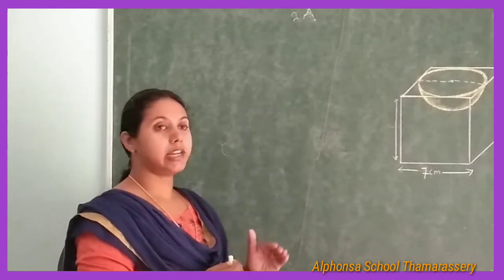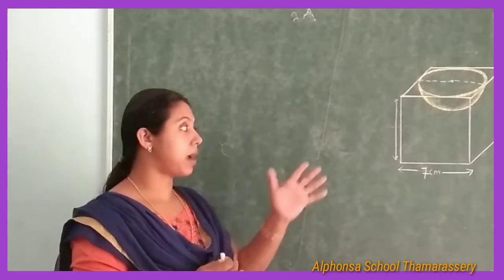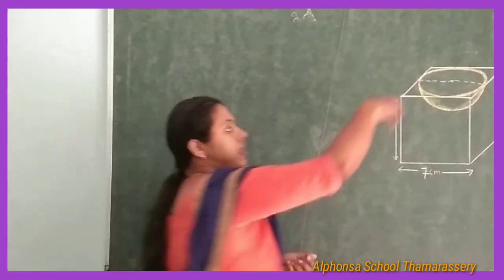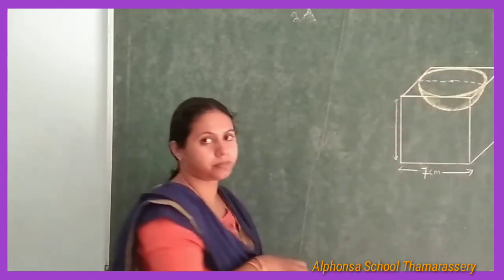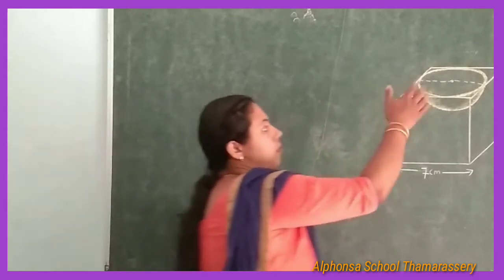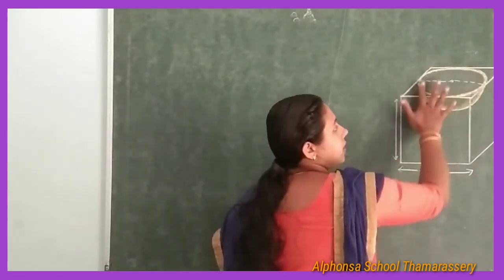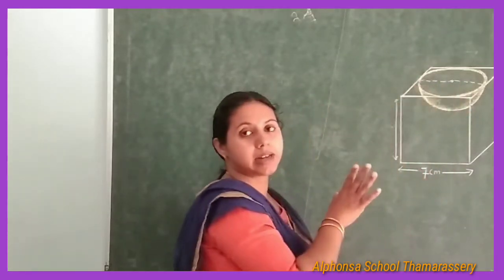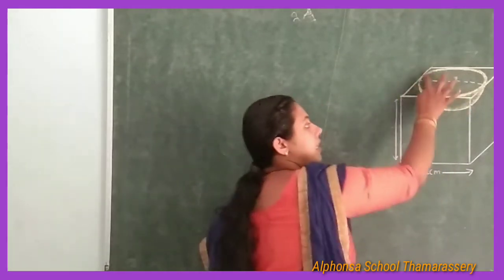So we want to find the total surface area of this remaining solid. If you hollow out that hemispherical part, then inside it is a hollow part. So there will be nothing in the top part. The circular surface area, you want to subtract it. There won't be any solid in this portion.